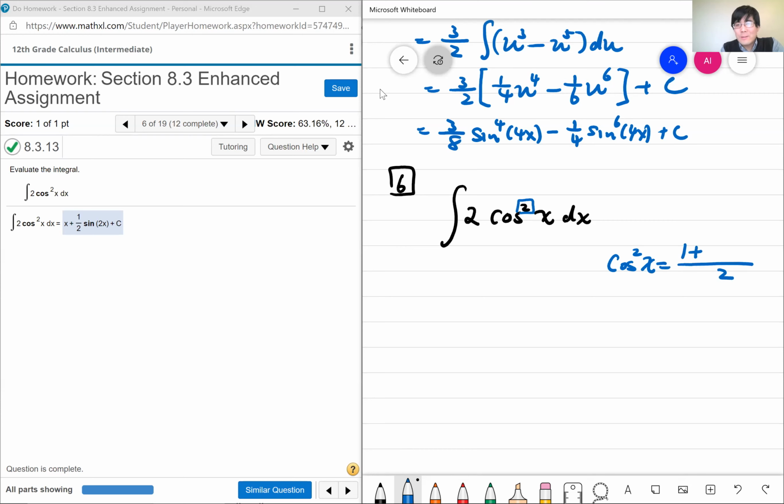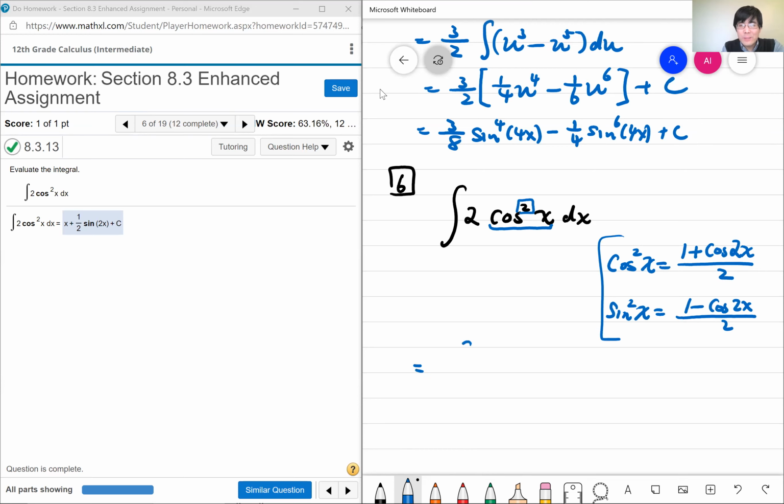So cosine square of x is 1 plus cosine of 2x over 2. Sine square x is equal to 1 minus cosine 2x over 2. Okay, so let's use this formula to simplify this.